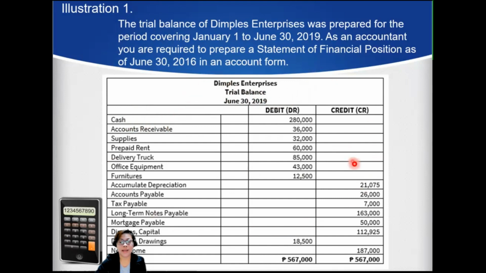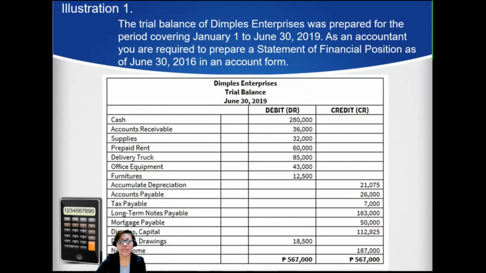This is the trial balance. We have here the cash, accounts receivable, supplies, prepaid rent, delivery truck, office equipment, furnitures, accumulated depreciation, accounts payable, tax payable, long-term notes payable, mortgage payable, Dimples capital, Dimples drawing, net income, and of course the total.